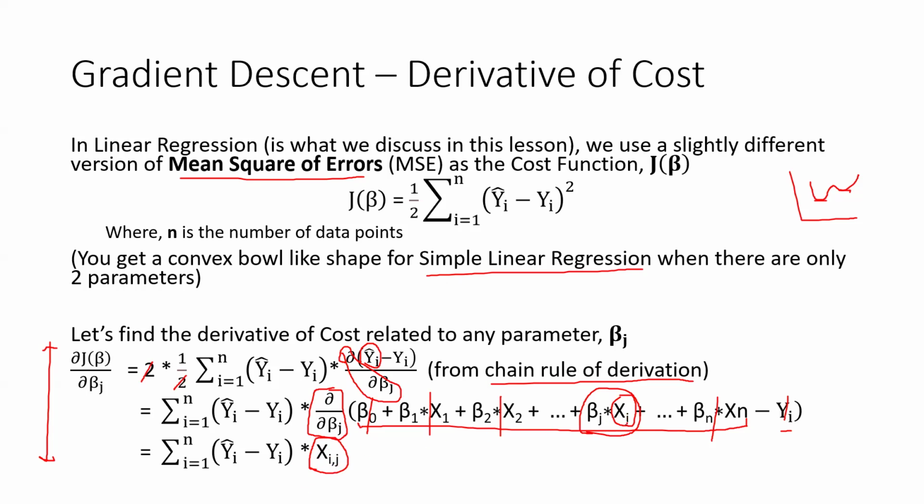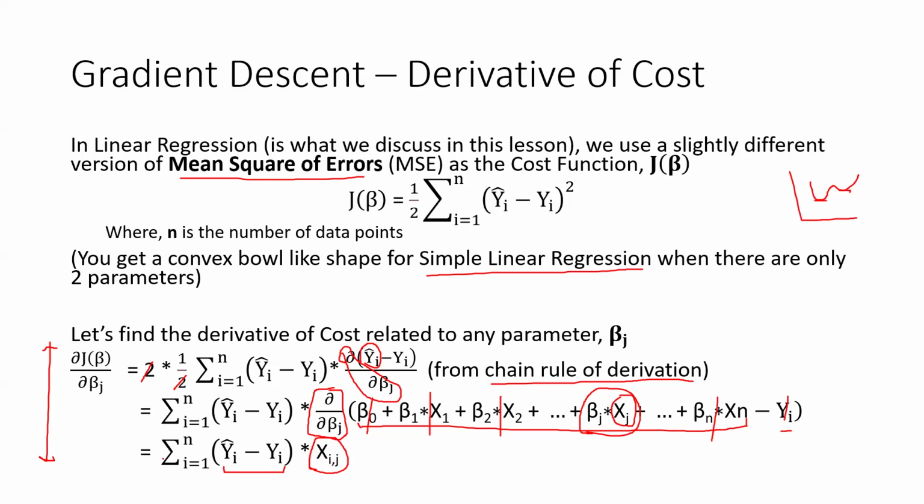So don't worry, I've changed from xj to xij just for making them compatible with the other terms, so that you can understand. So yi hat minus yi means the error for that particular data point, the ith data point, and we multiply it by the ith data point's jth variable x, right?